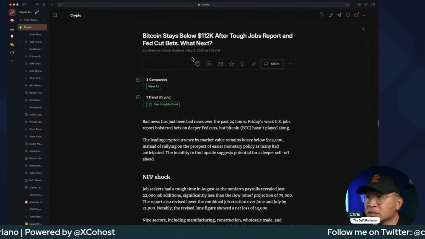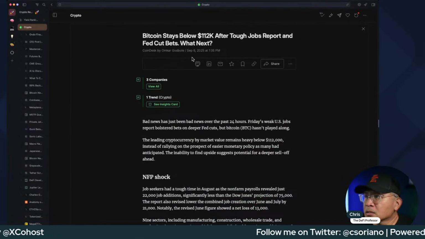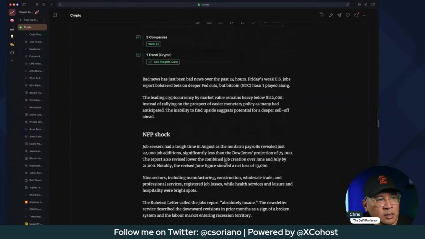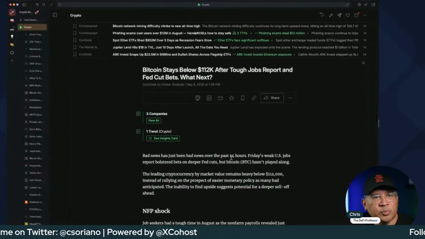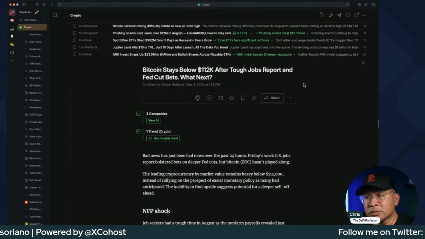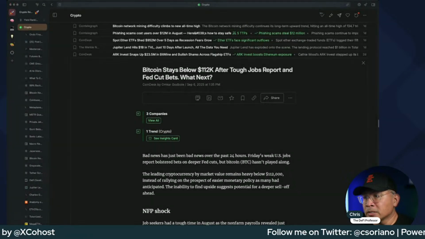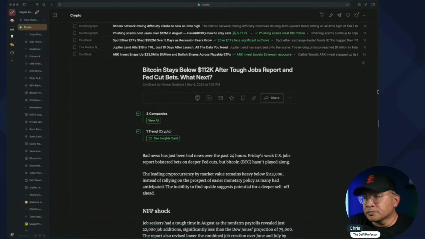Because the 17th, next Wednesday, they've pretty much said it's 100% on Poly Market, at least it's a 100% chance that there's going to be a rate cut, probably 25 bips.